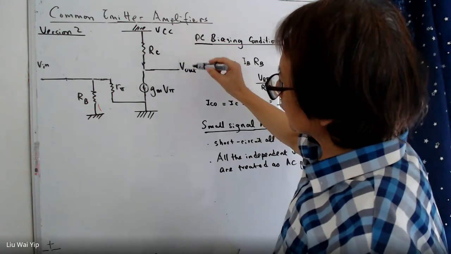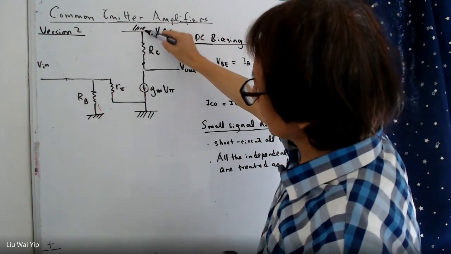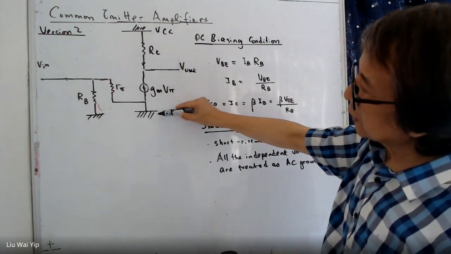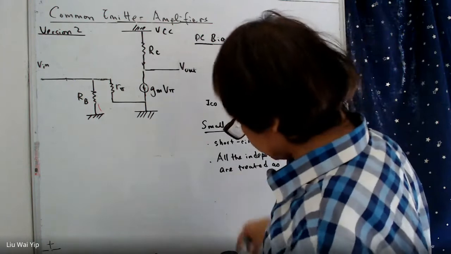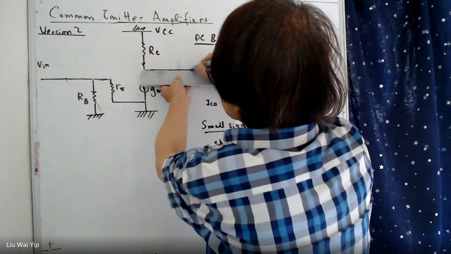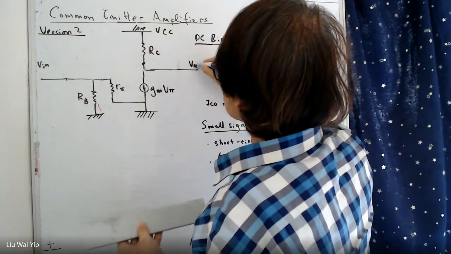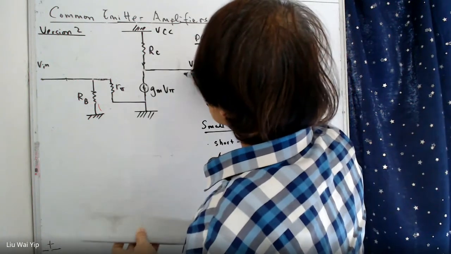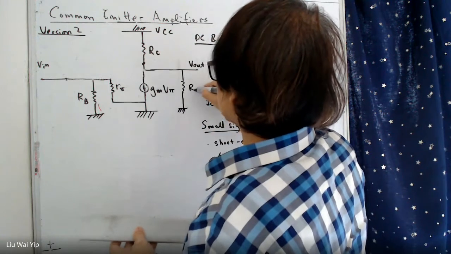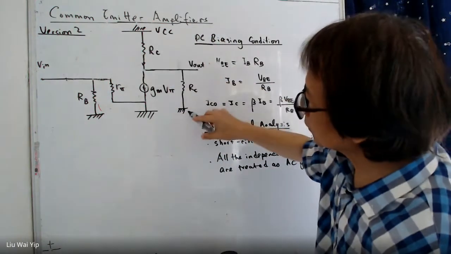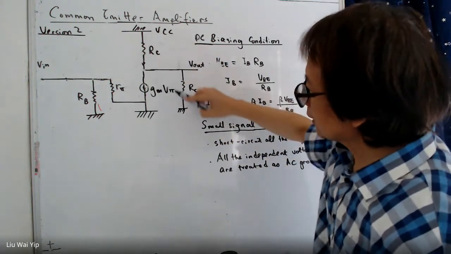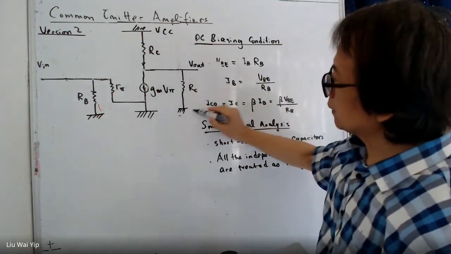And in small signal analysis, this ground is not very much different from this ground. So you can actually redraw this circuit. You can move this RC here. This ground can be moved to here.